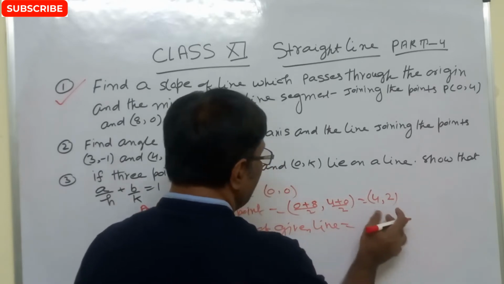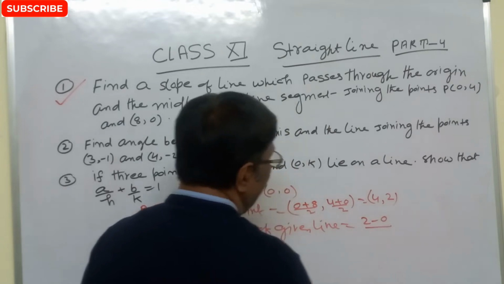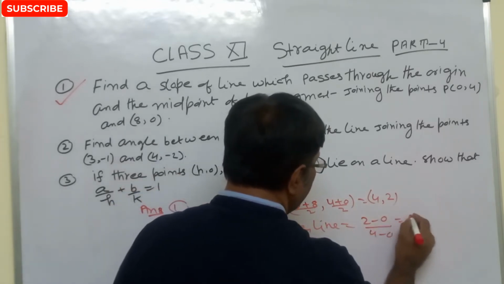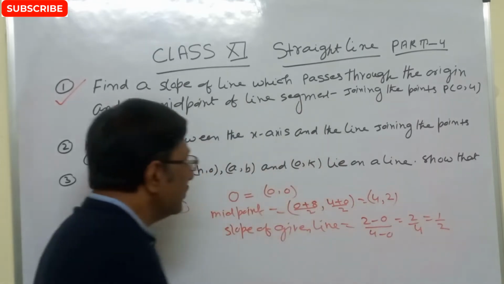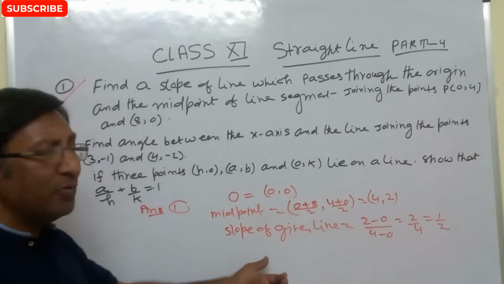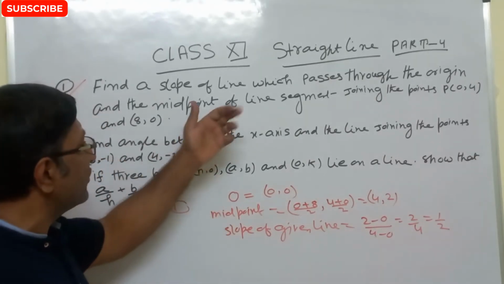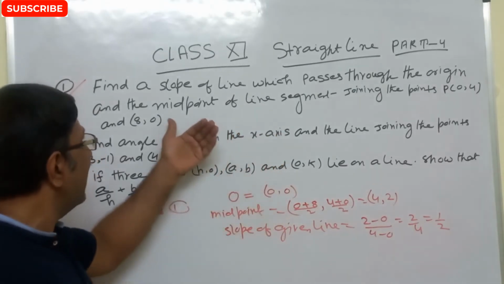That is difference of y-axis, that is 2 minus 0, divided by difference of x-axis, that is 4 minus 0. So this is 2 by 4, that is 1 by 2. So the slope of the given line will be what? That is half.